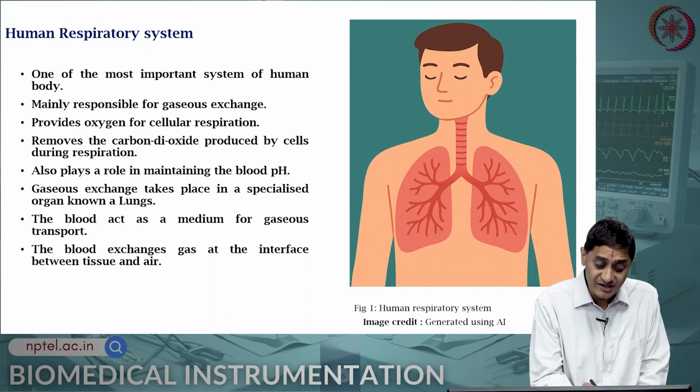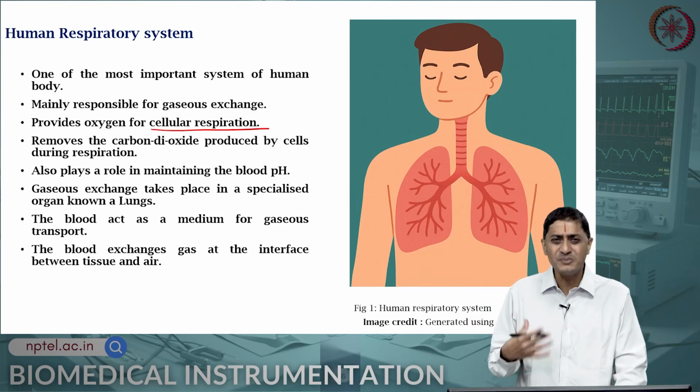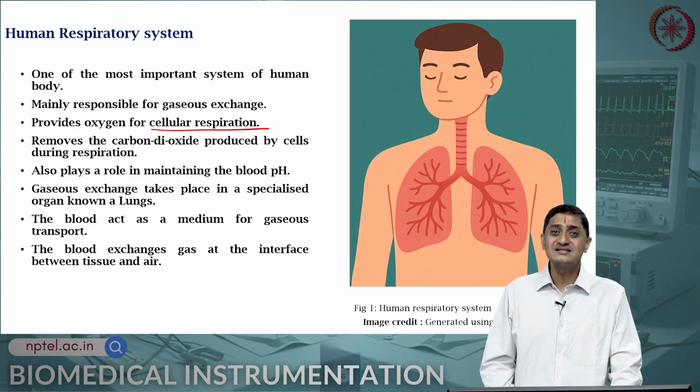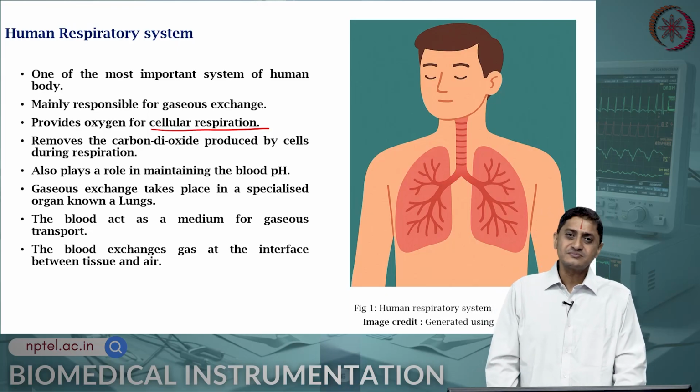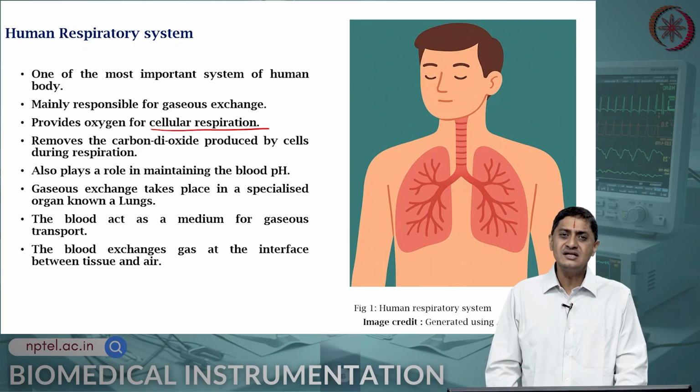That is a different respiration, that is called cellular respiration. Each cell also breathes. That is cellular respiration. Some cells absolutely need oxygen for their survival. For example, brain cells. They cannot survive without oxygen for a long time.